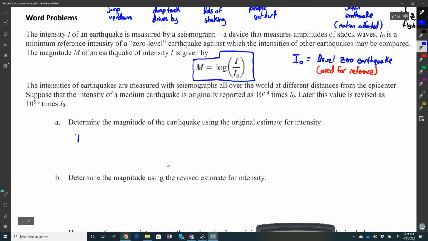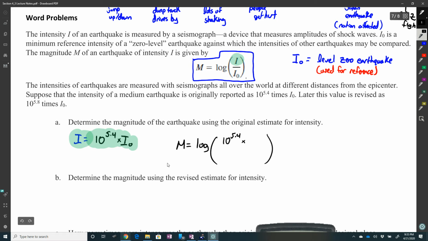So here they're saying that I, the initial intensity that they measured, was equal to 10 to the 5.4 times I0, a level 0 earthquake. So if I plug that in, that's just 10 raised to the 5.4 I0 over I0.